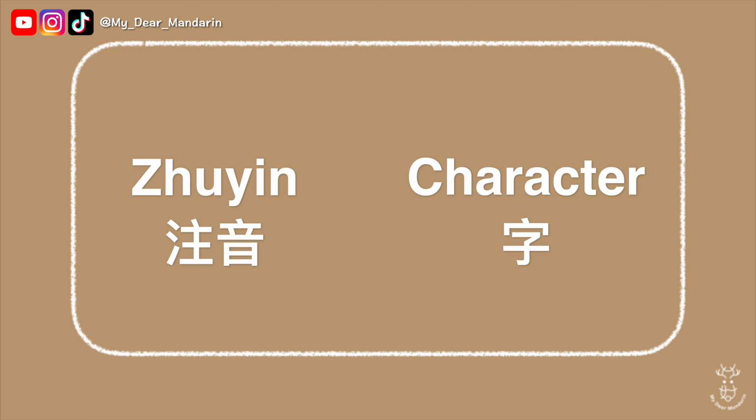However, the point is, in daily life, we rarely use Zhuyin symbols, but Mandarin characters to write. But we still have to get through it first, since Zhuyin symbols can tell you how to pronounce Mandarin characters precisely.